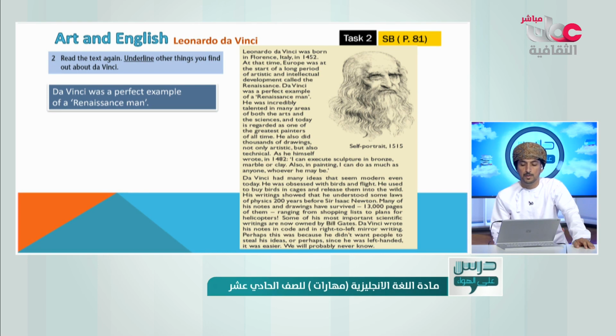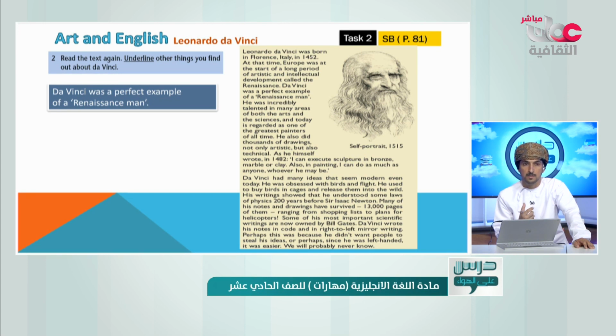Task number 2, page number 81. Read the text again, underline other things you find out about Da Vinci. So what I found in this text, more than the things that I brought to you from the previous text, Da Vinci was a perfect example of a Renaissance man.